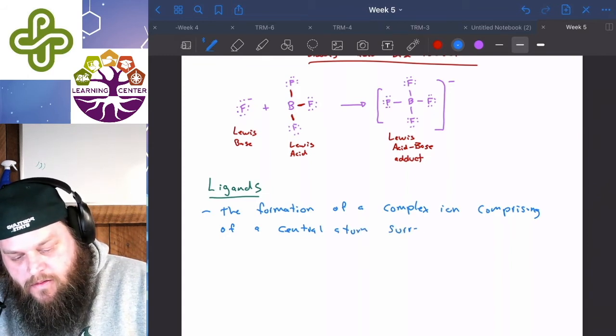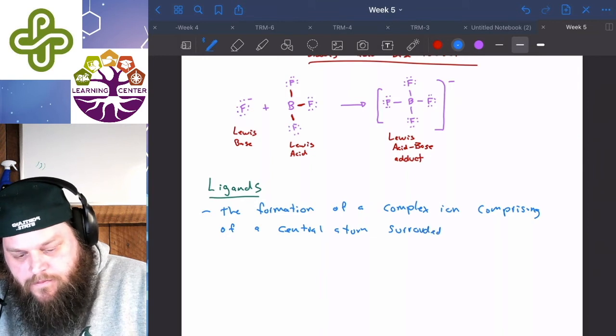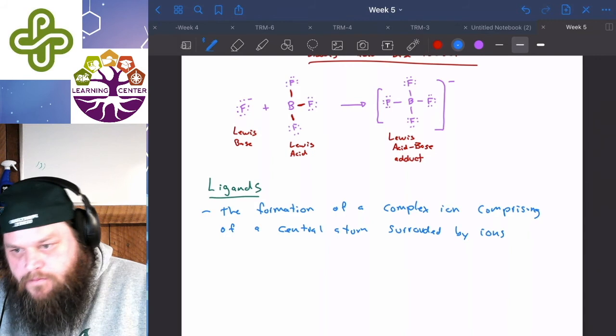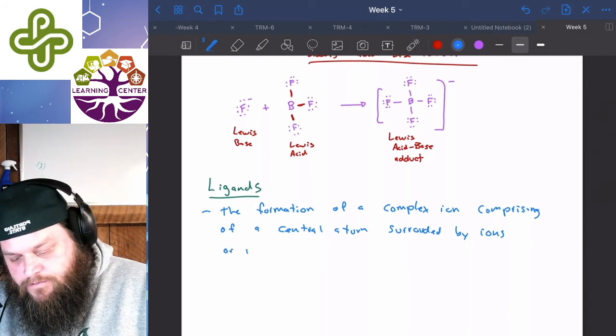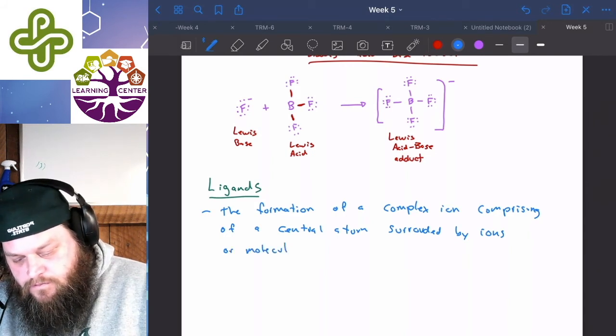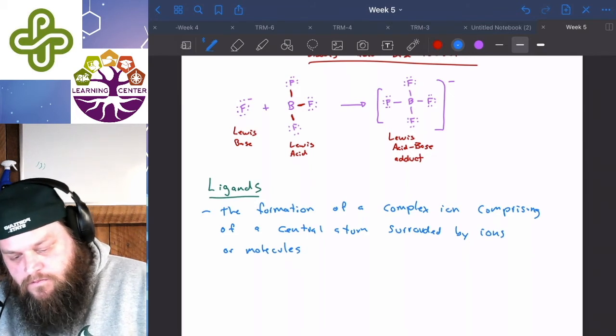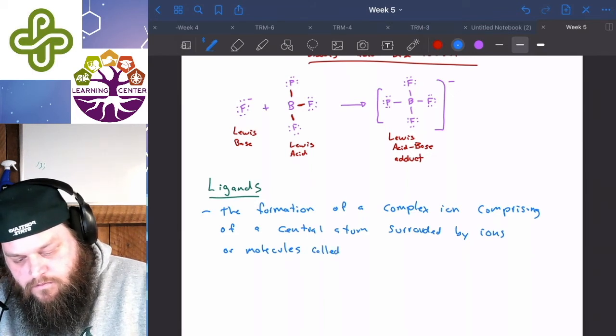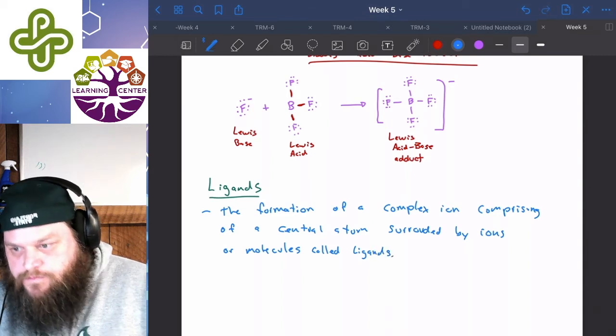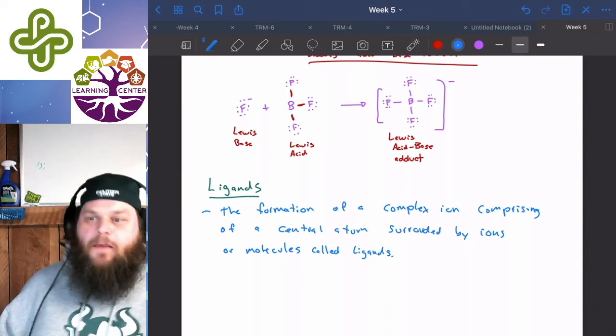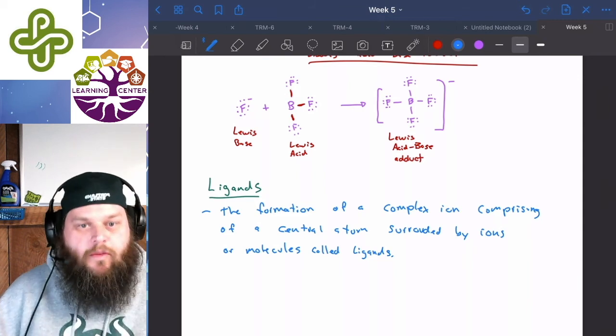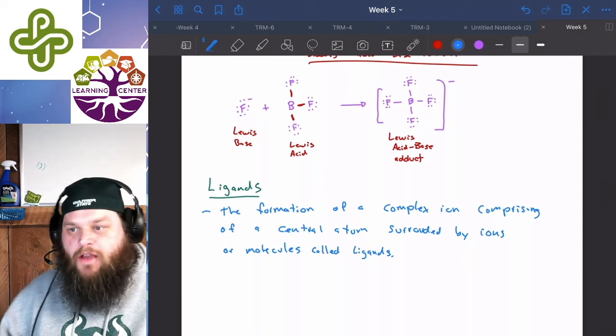When this happens, there's a certain equilibrium constant for this type of reaction as well.